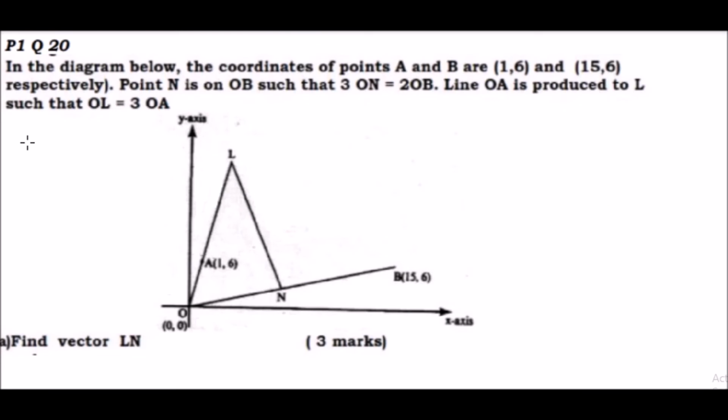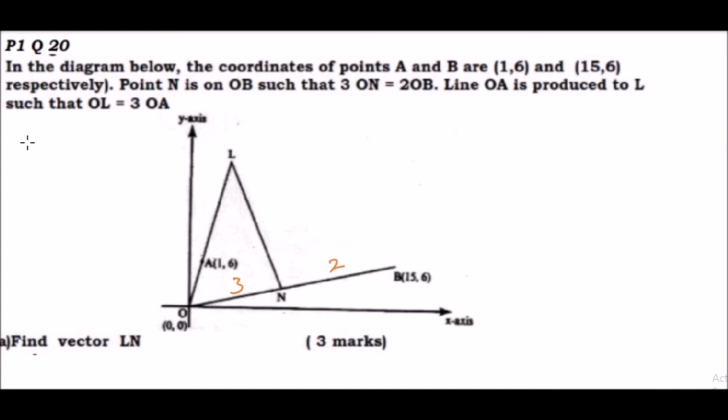Question number 20. In the diagram below, the coordinates of point A and B are 16 and 15.6 respectively. Point N is on OB such that 3ON is equal to 2OB. So we can say that is 3, and that is 2.